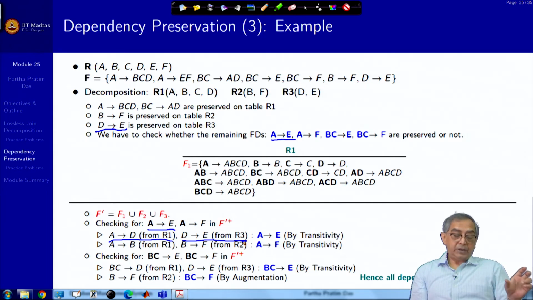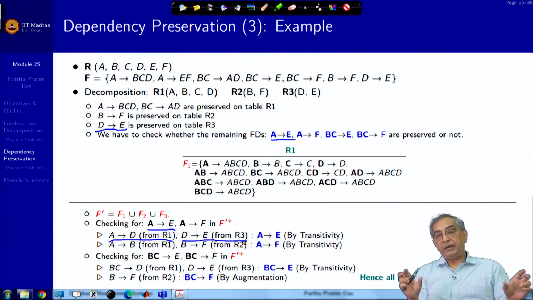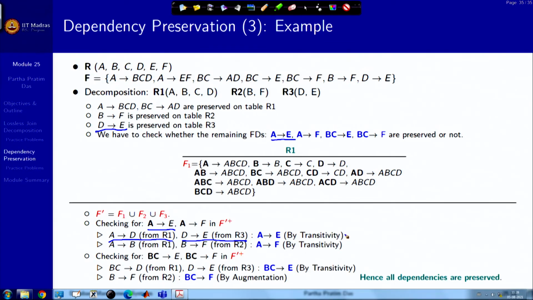So, R1 ensures that A determines D, R3 ensures that D determines E. If these two are ensured, then by transitivity A determines E is ensured. So, this first case is good. Next, A determines F. From R1 again I have A determines B, from R2 I have B determines F, by transitivity I have A determines F. Very simple. So, this is done.